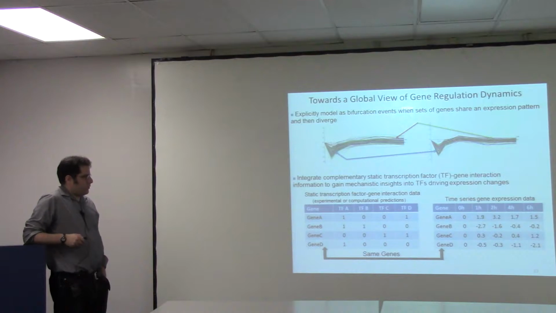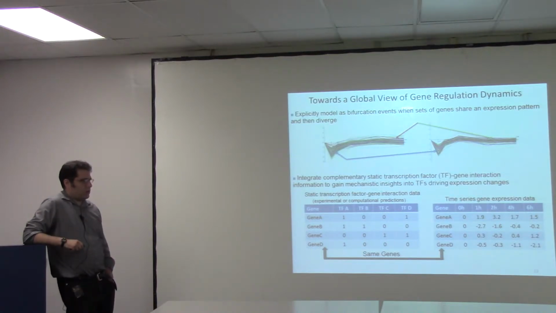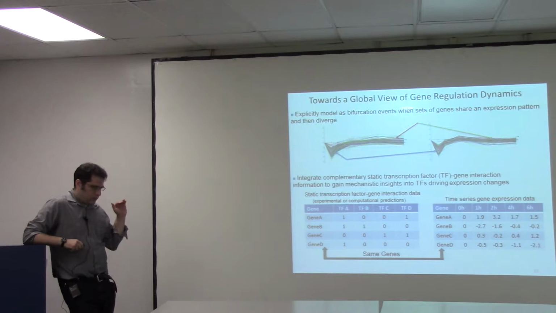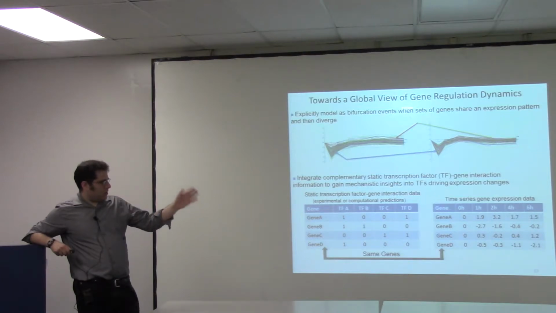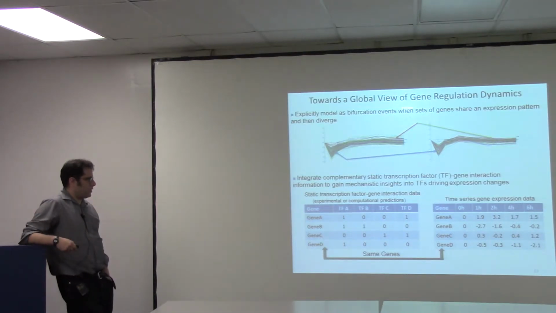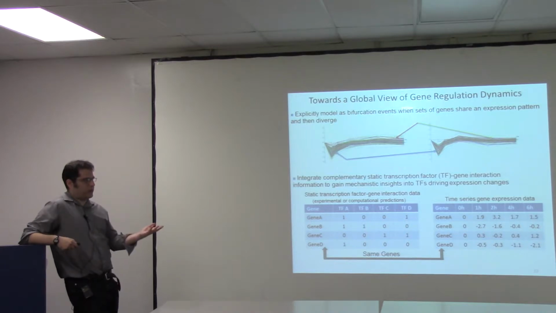Specifically, what we were interested in was integrating static data associating transcription factors with the genes they regulate. It can often be the case that you have dynamic information from the time series gene expression data, where you have each gene over each time point, but another aspect of the regulation information for genes is what transcription factors, what proteins, are associated with regulating them.